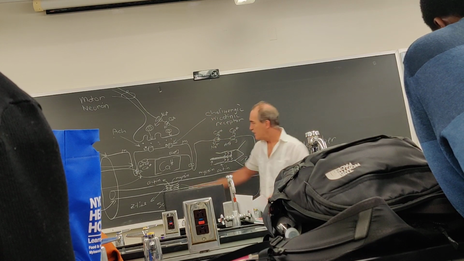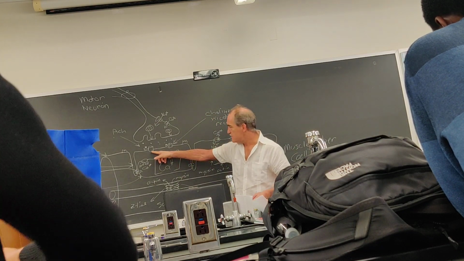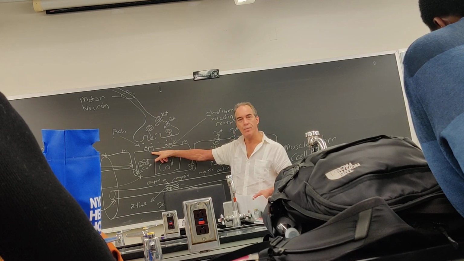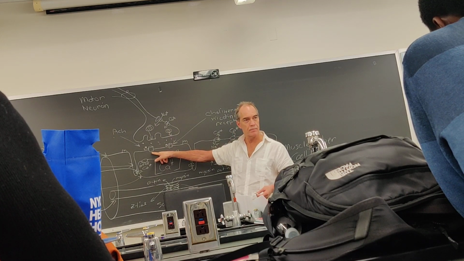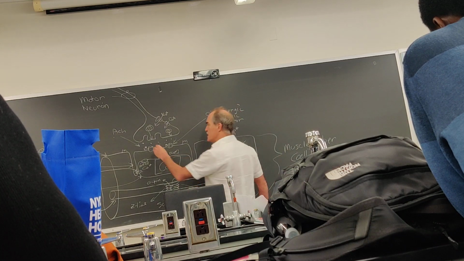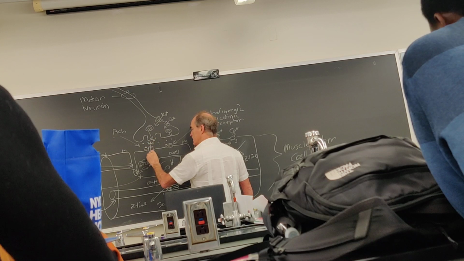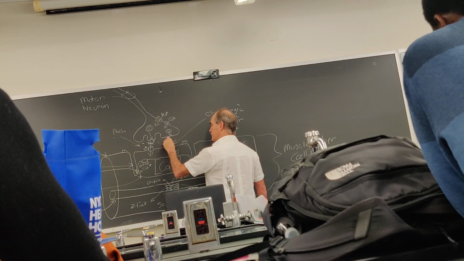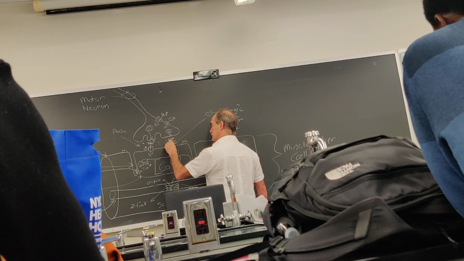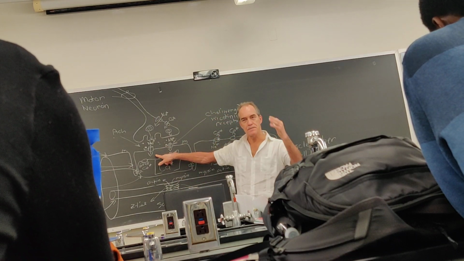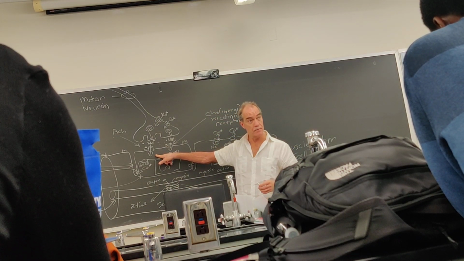When it does that, it causes the receptor to open a channel for sodium. So sodium, of course, is high on the outside and low on the inside, and sodium diffuses in. Sodium diffusing in causes depolarization, right?